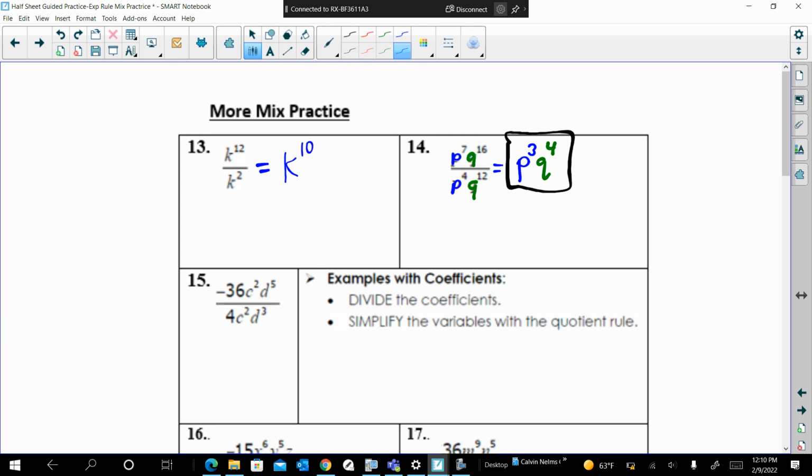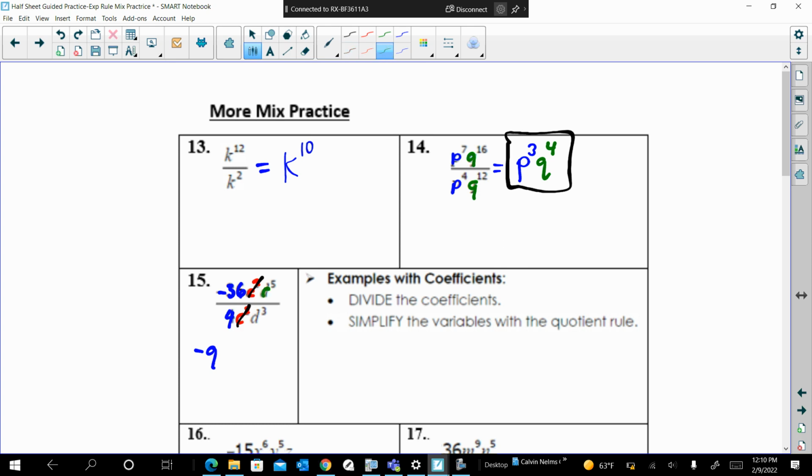You can do the number, the 36 divided by 4, that's the negative 9. Then you do your c squares. If I have c to the second divided by c to the second, what is that? You have no c. Yeah, there's no c. They're canceled out. Then go to your d's.